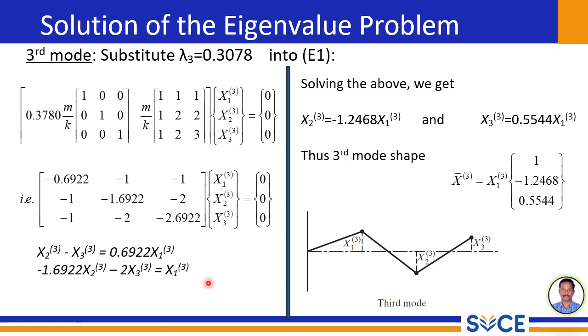Finally, let's calculate the third mode shape. We substitute the third eigenvalue, that is lambda 3.3078, into the characteristic equation, and simplifying it further, we get this matrix multiplied by the x1, x2, x3 vector, which is then equal to 0.